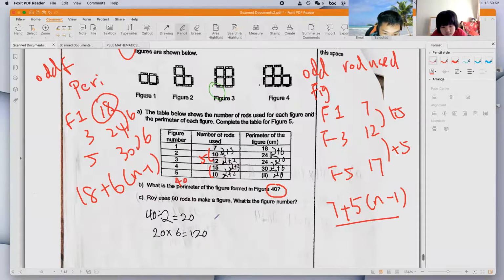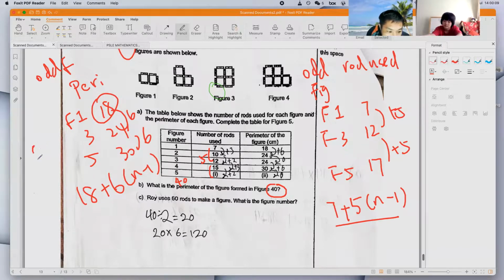Then can I ask you? Figure 40, how? You find figure 39.